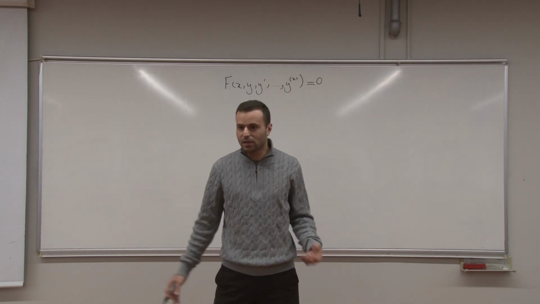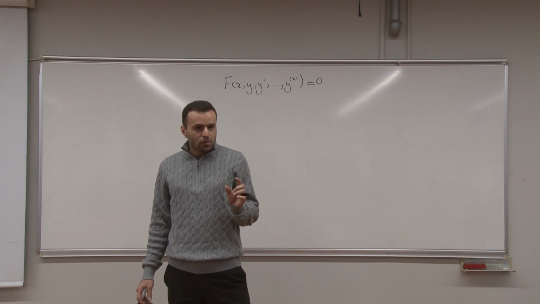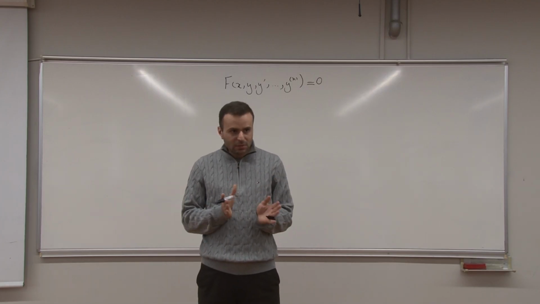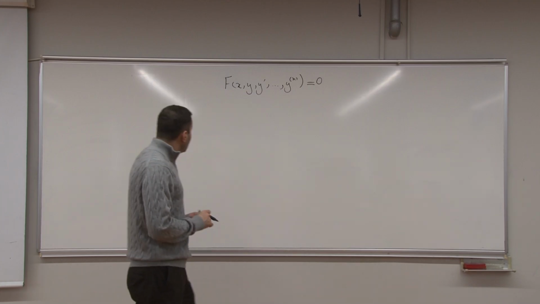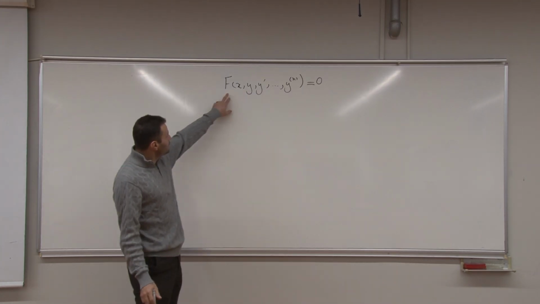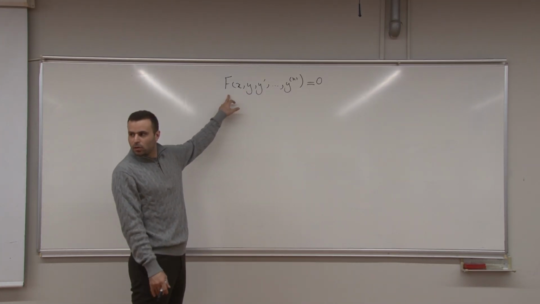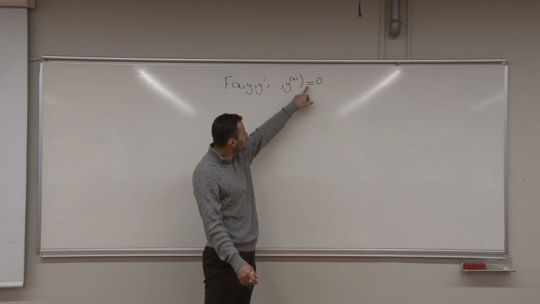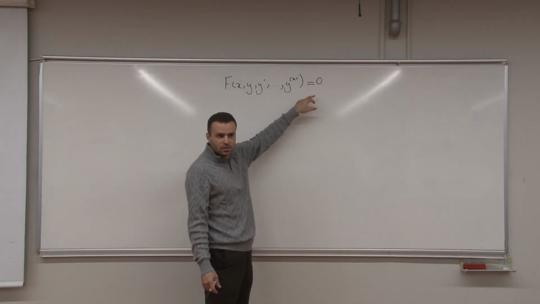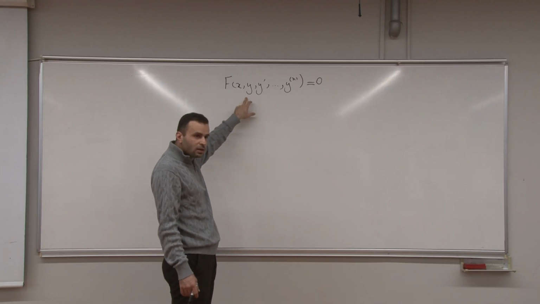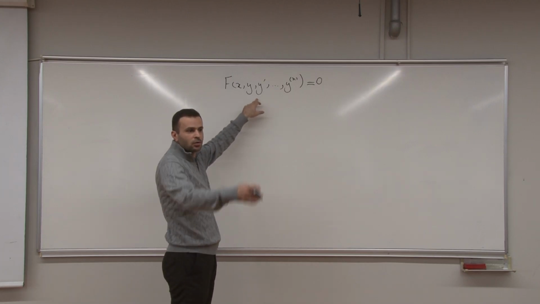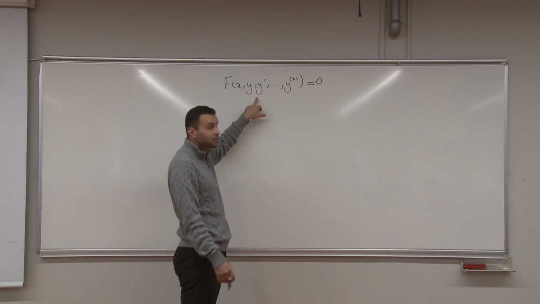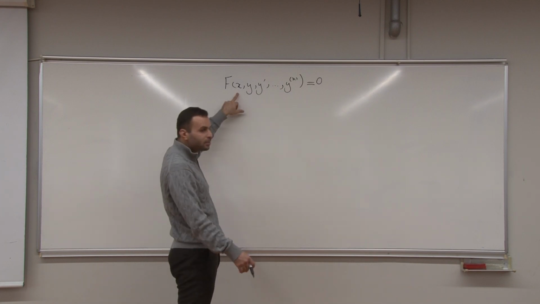We can also try to classify differential equations from another perspective. What you're seeing here is actually a general form of an nth order differential equation. You have an equation which involves maybe x, maybe y, and some higher order derivatives of y. The independent variable here is x.